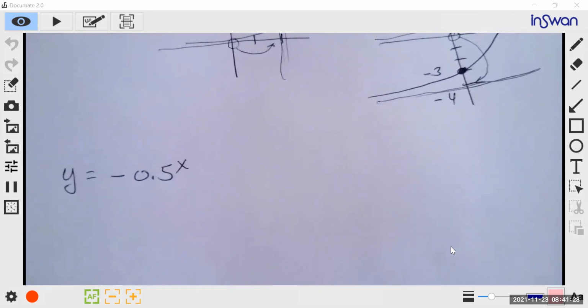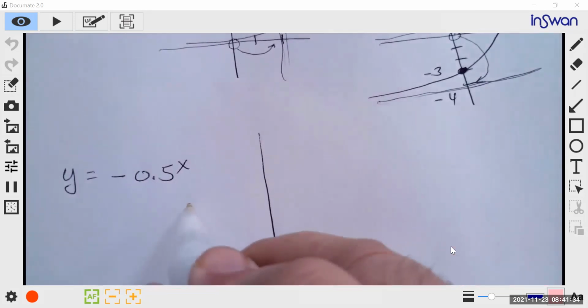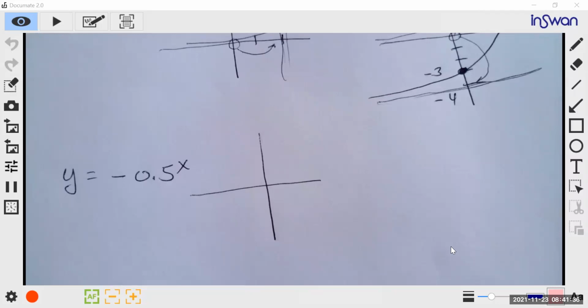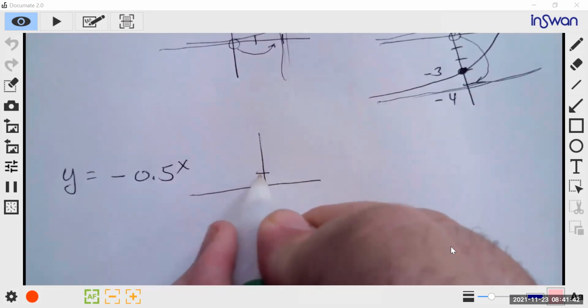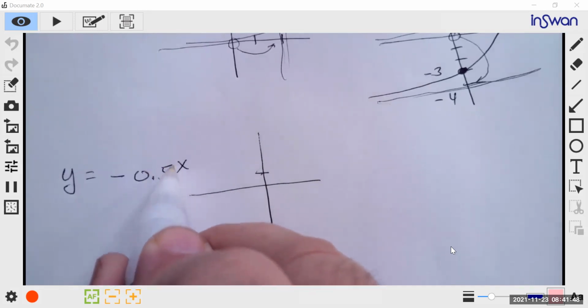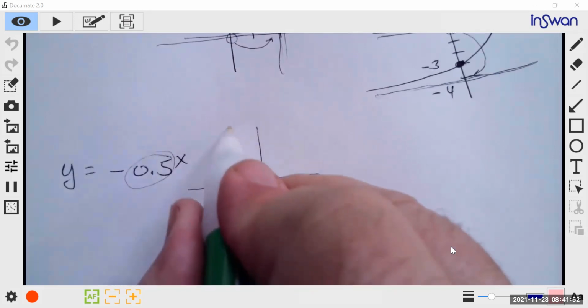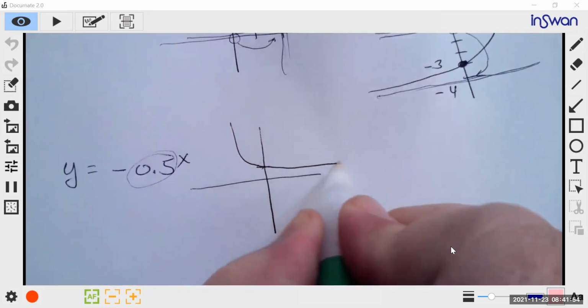How about this one? Remember, if the base is between 0 and 1, it's a decreasing function.